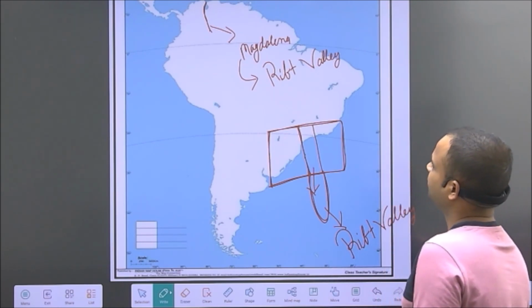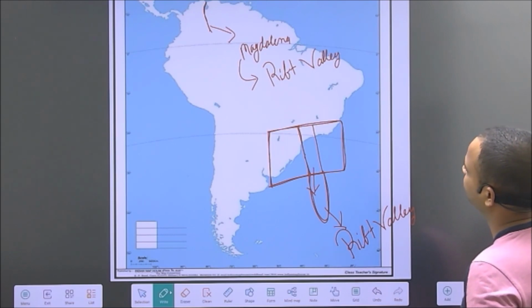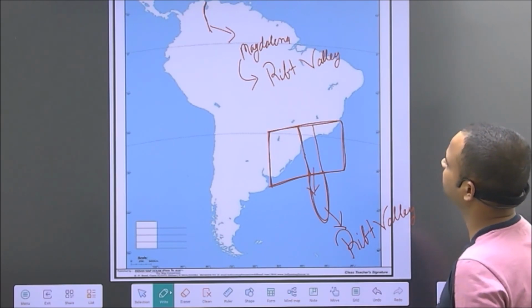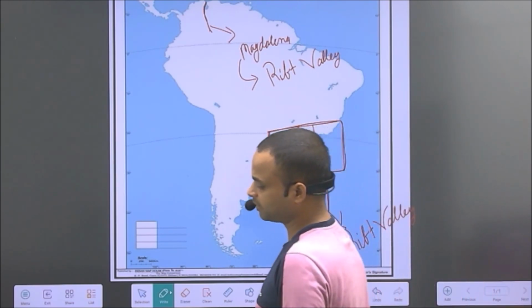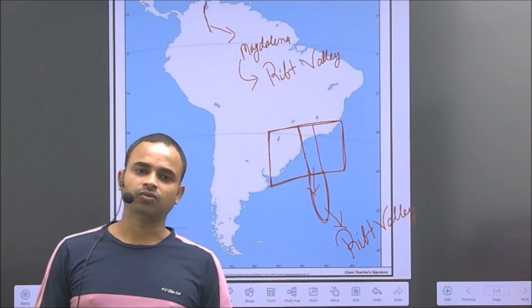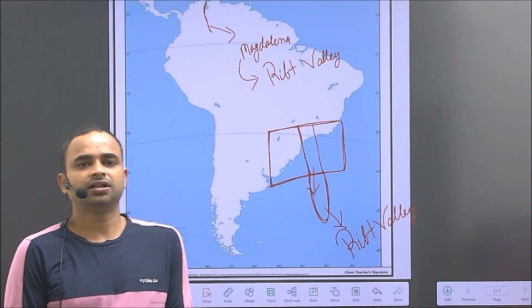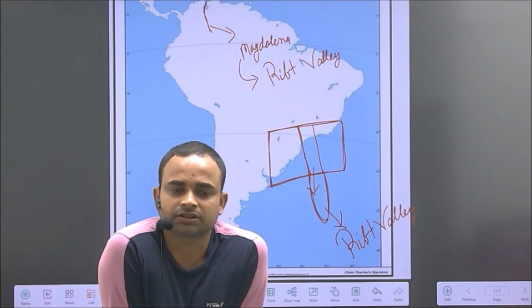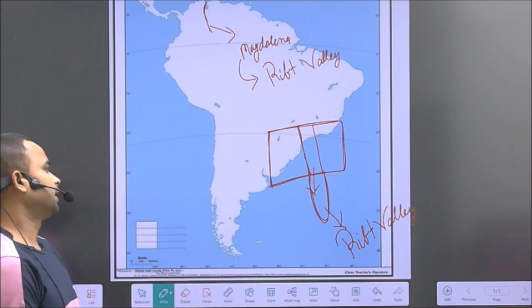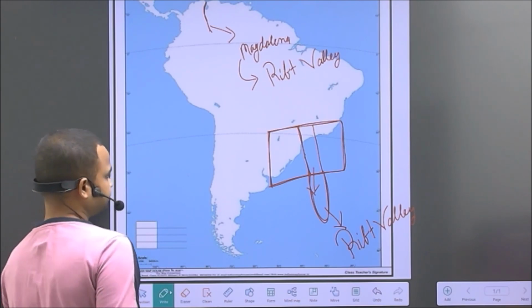So that's why Magdalena flows into a Rift Valley, because the Magdalena basin has gone downward due to some external or internal or both forces. So that valley becomes a Rift Valley.